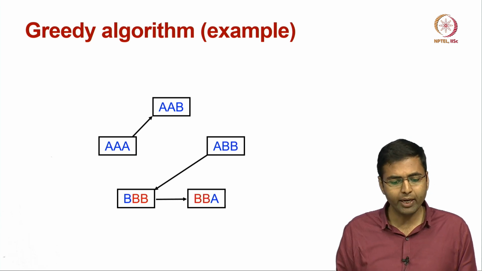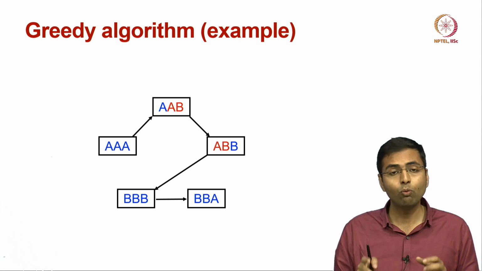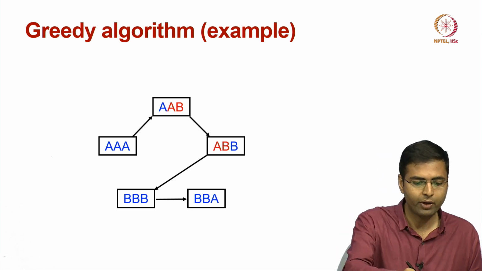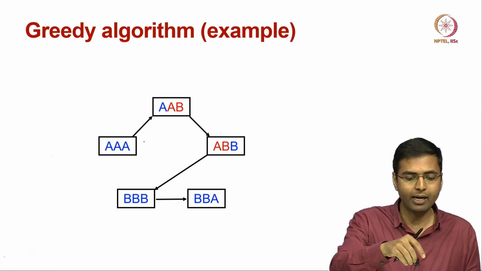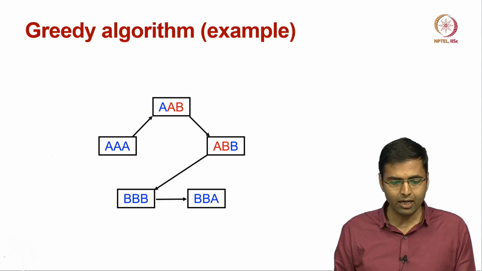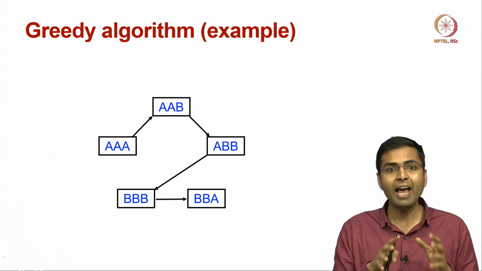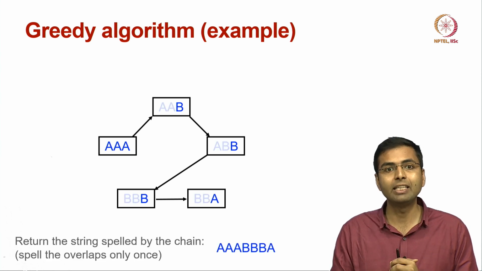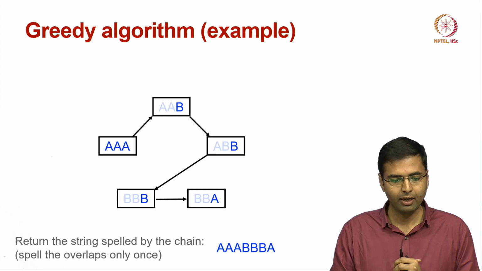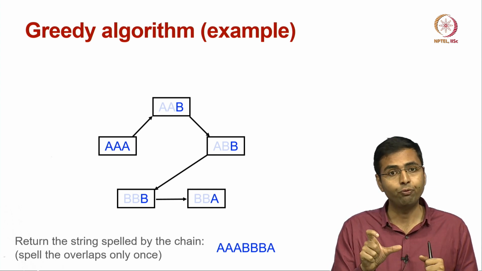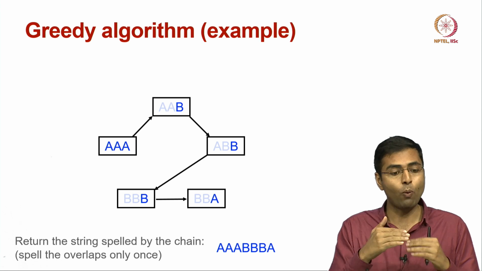We will keep on doing that until we have a single connected component in the form of a chain. Here you can see that we have a single component now which forms a chain, and finally once we have this chain we will output the string spelled by this path. Remember that when we consider the string spelled by a path, we only consider the overlaps once.